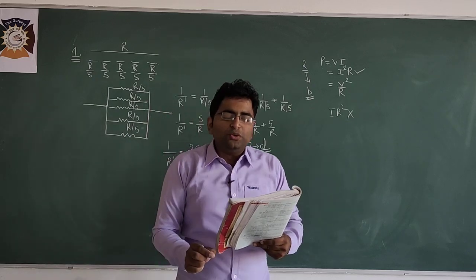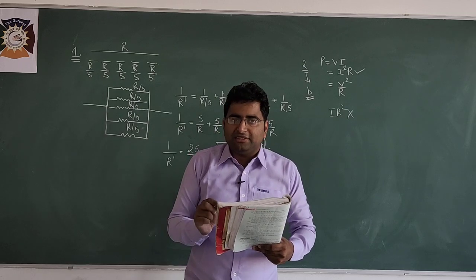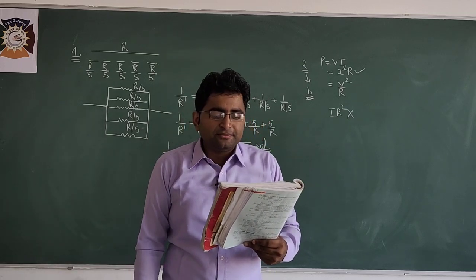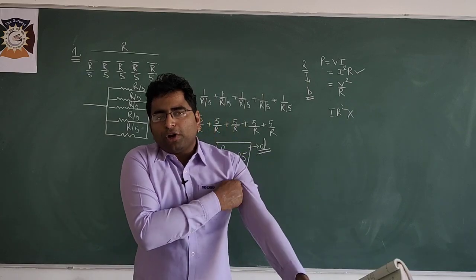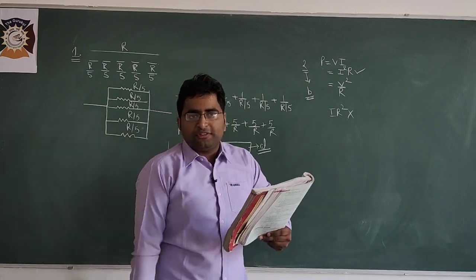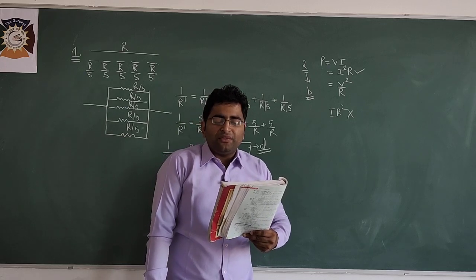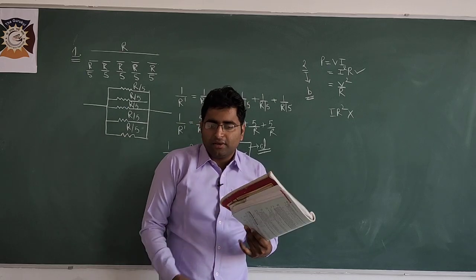Okay, now students, third, an electric bulb is rated 220 volt and 100 watt. Electric bulb is given to you and voltage across that bulb is 220 volt and power is 100 watt. Now it is operated on 110 volt. Clear? Then you have to tell the power consumed. Clear?